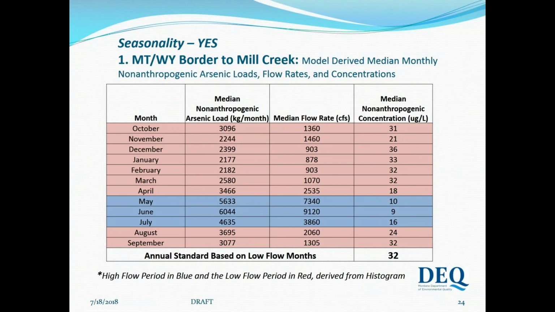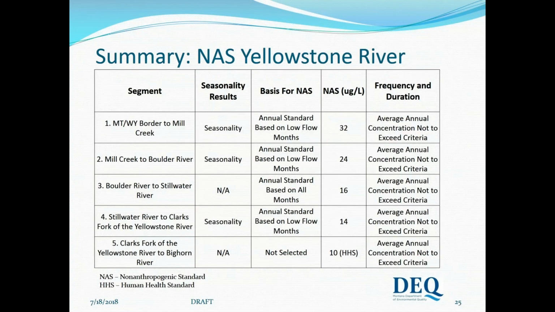And you can see just by these numbers that there is quite the difference in concentration between the high flow and low flow months, even without performing a statistical test. But the median of the low flow months turns out to be 32. So the NASS for this segment 1 would then be 32 micrograms per liter.